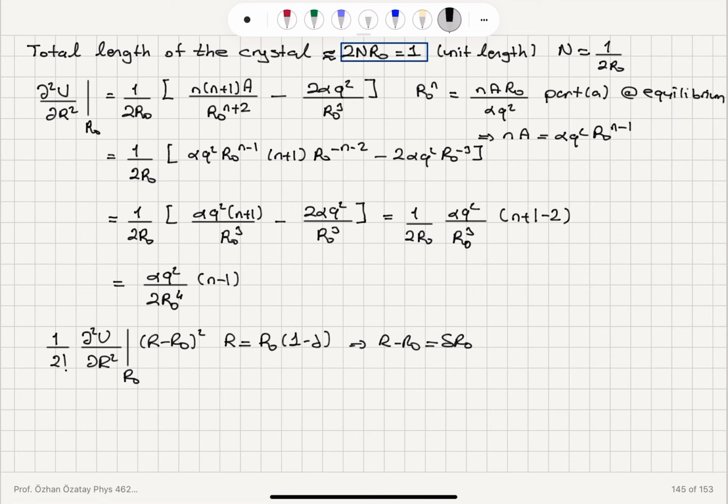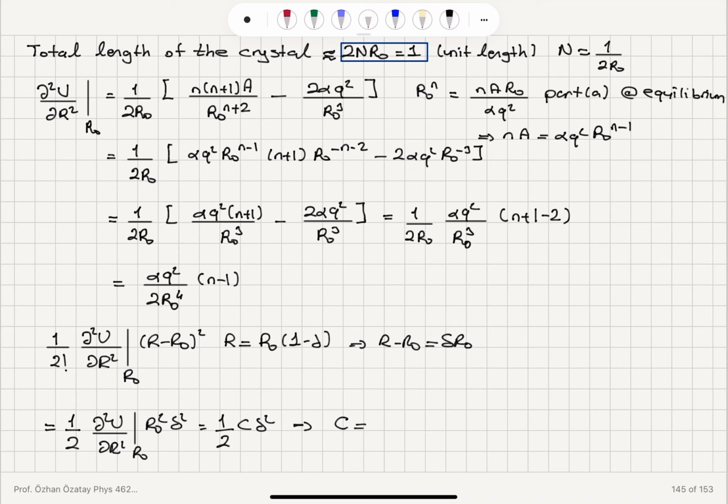This is equal to 1 over 2 del square u del r square evaluated at r0, r0 square delta square as we have found, which is equal to 1 over 2 c delta square. So we obtain c is equal to the second derivative of u with respect to r multiplied by r0 square delta square.